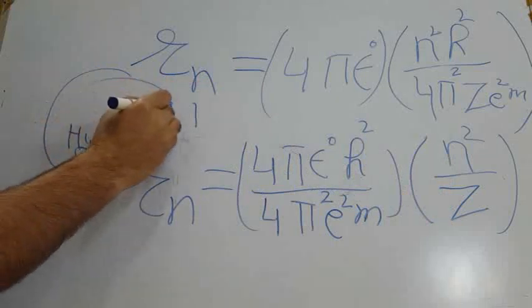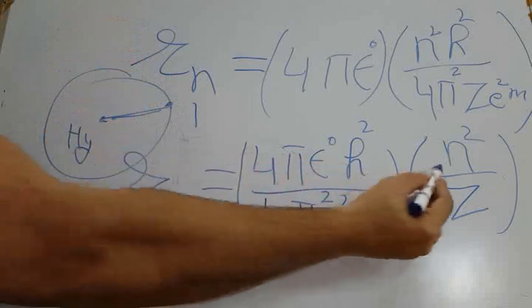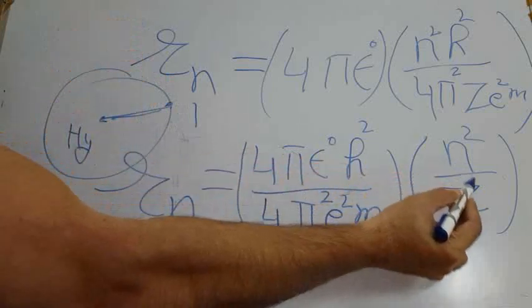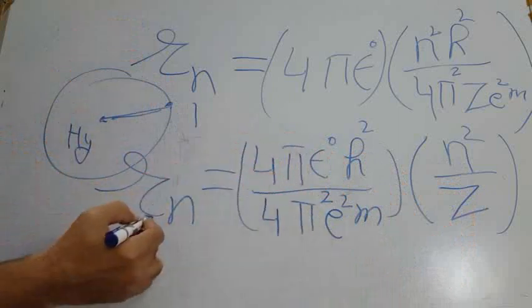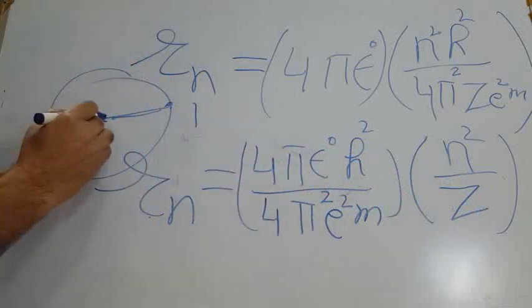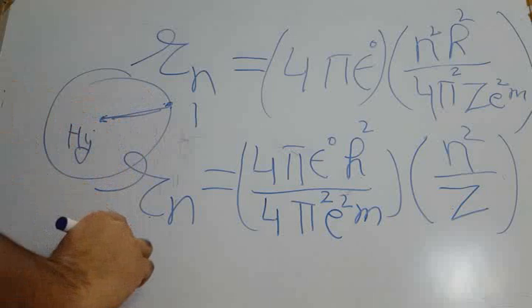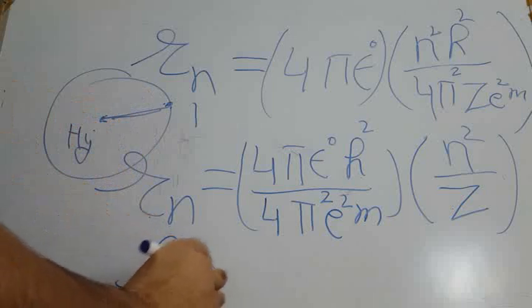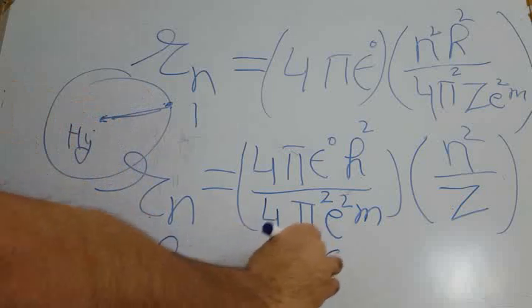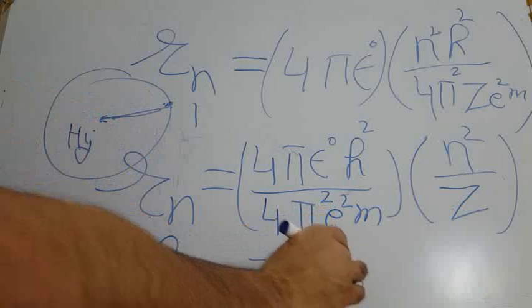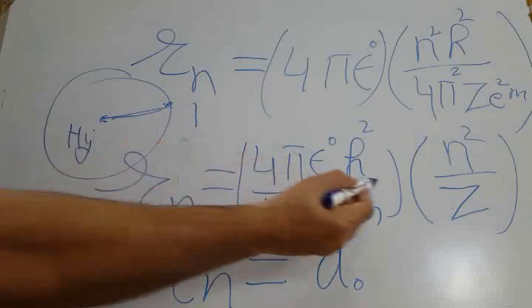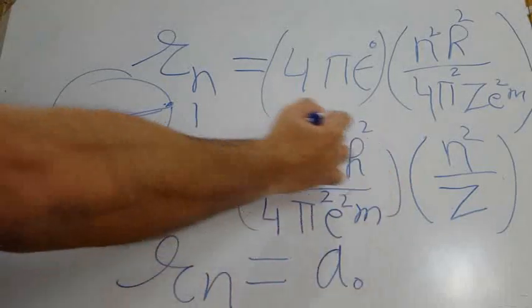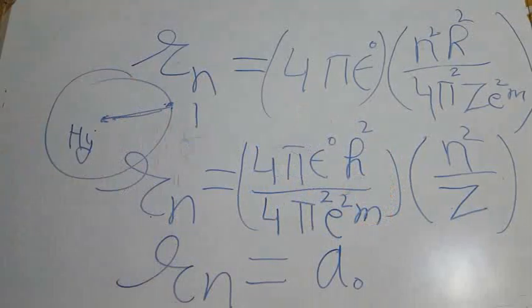Hydrogen's first orbit: by putting the values of these, we get the first orbit of hydrogen, and that is symbolized as A0 or Bohr's radius. Therefore, this is equal to A0.